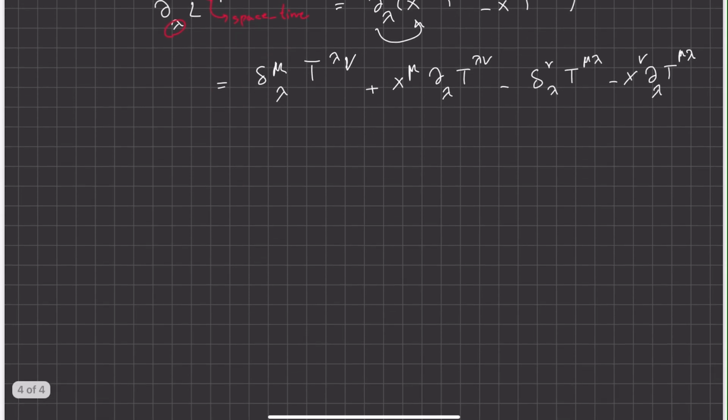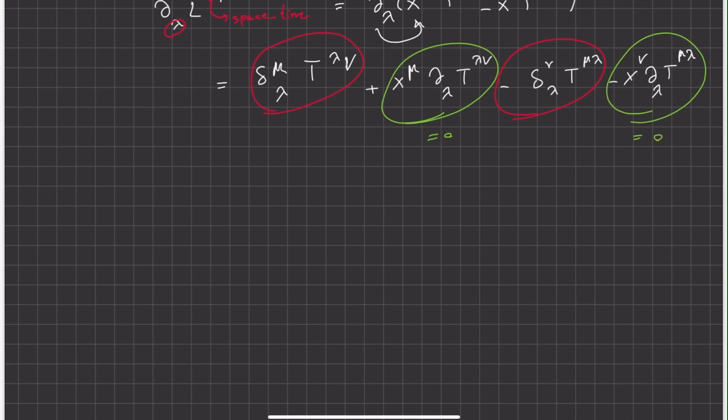Now we have these two terms here similar, and then these green terms here. These green terms are going to be equal to 0 because of energy momentum conservation. So the final result is going to be, this delta here is going to just change every lambda with nu.